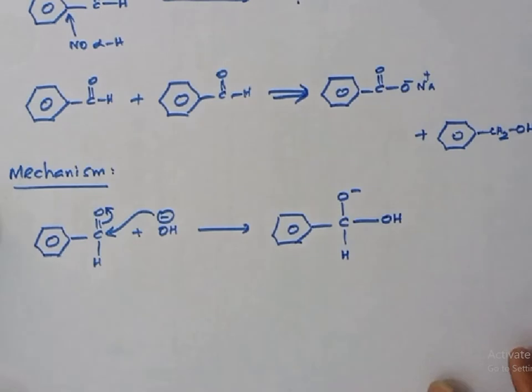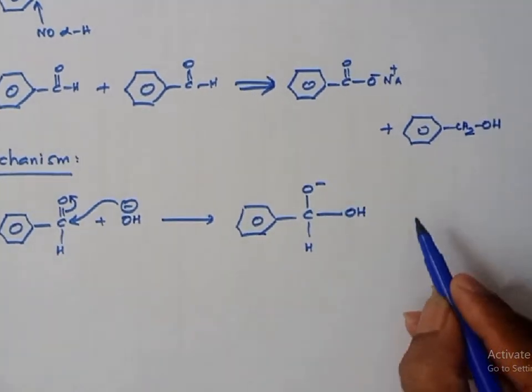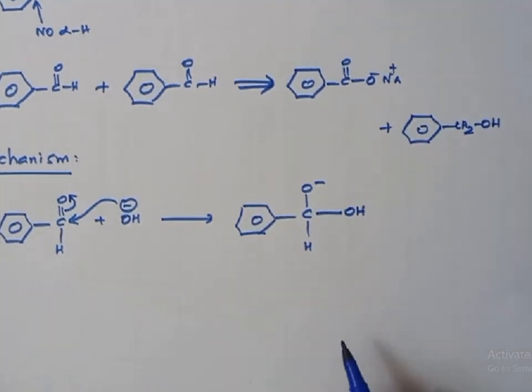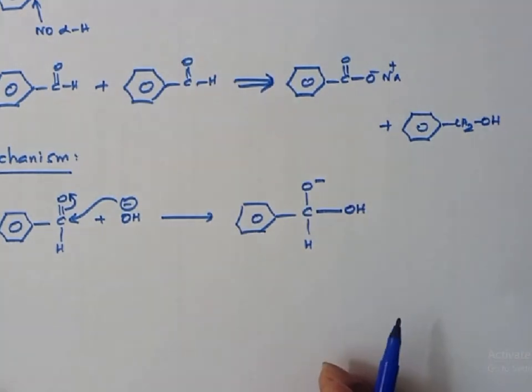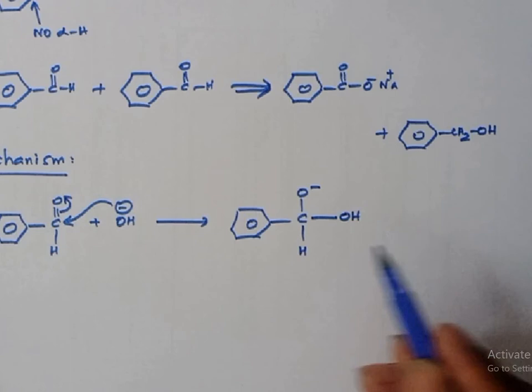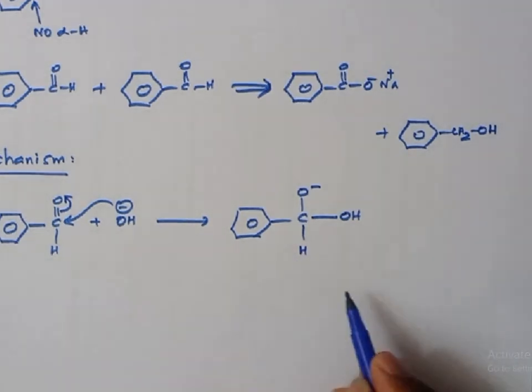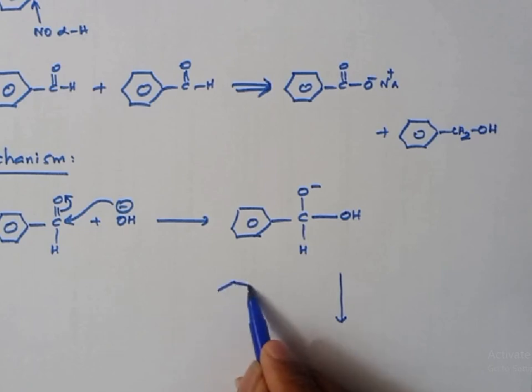This is the first step, students, and the second step is very, very important. This ion will react with the second molecule. Let me write the second molecule here. Students, observe carefully.